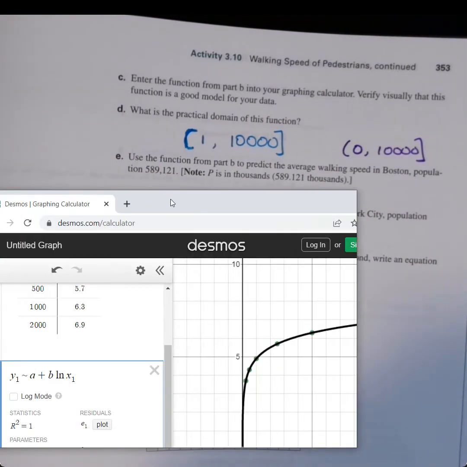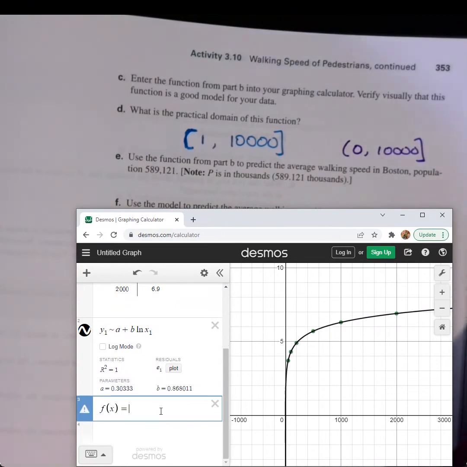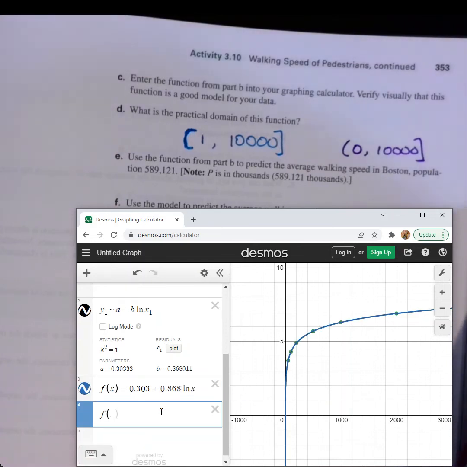Let me just write it in function notation because that's how I like to do this. So f of x equals my a number, 0.303, plus my b number, 0.868 times the natural log of x. Then I can do f of 589.121.